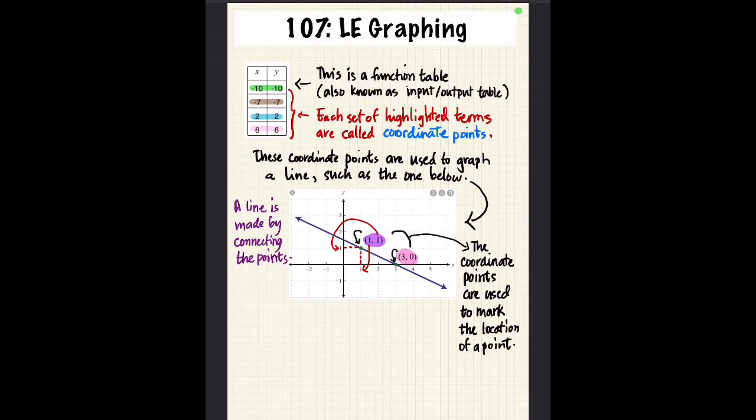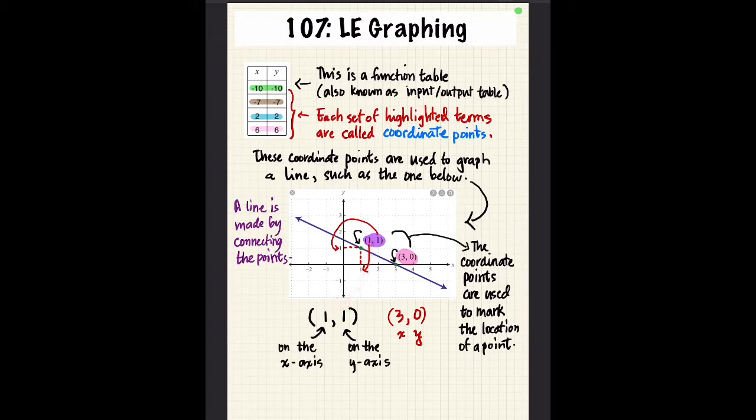So these are the coordinate points that you use to mark a location. It's like a map, and I'm sure you did this in geography, in humanities. So, as I said, 3 is x, 0 is y. That's why 3 is on the x-axis. And the same thing with this one.